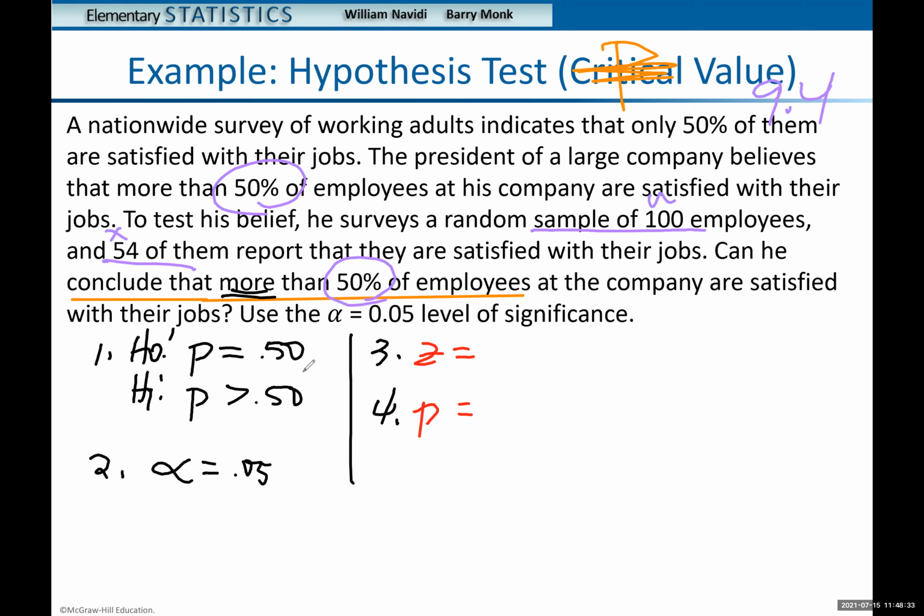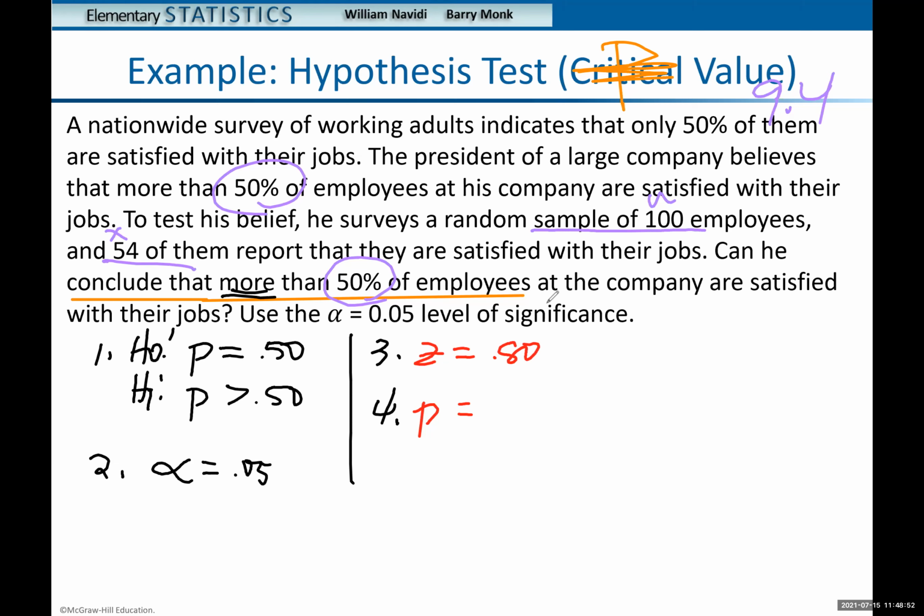Z is equal to 0.8. I also got 0.8. Yes, it should be 0.8.